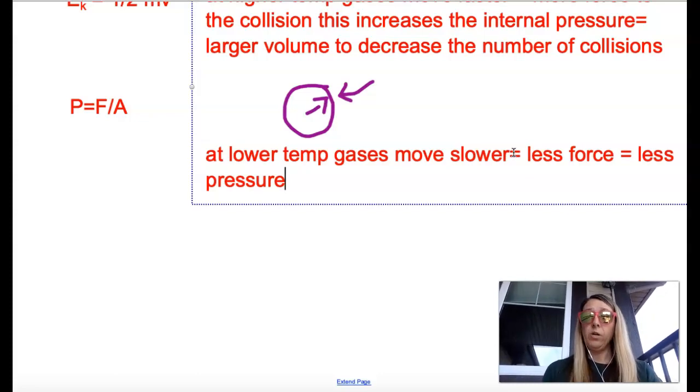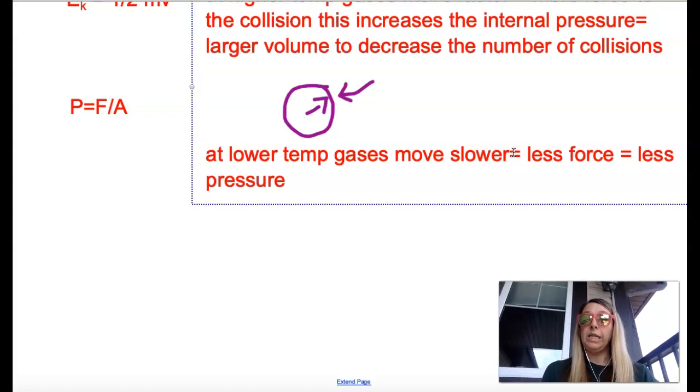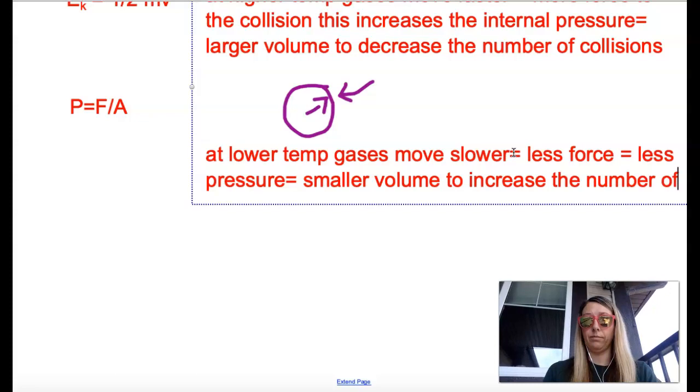So how we're going to increase the pressure, again, we can't change how fast they're moving because that's dependent on temperature. But what we can change is how often they're going to hit the sides of the container. So we need them to hit the sides of the container more often. The only way to make them hit the sides of the container more often is to have a smaller volume to increase the number of collisions.